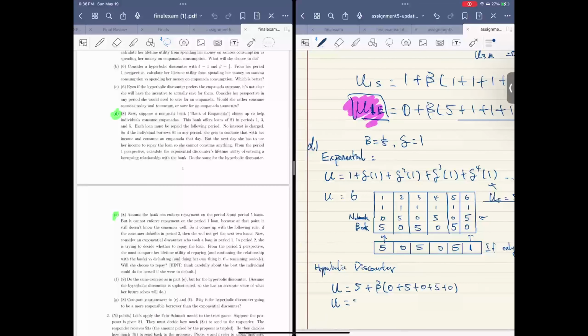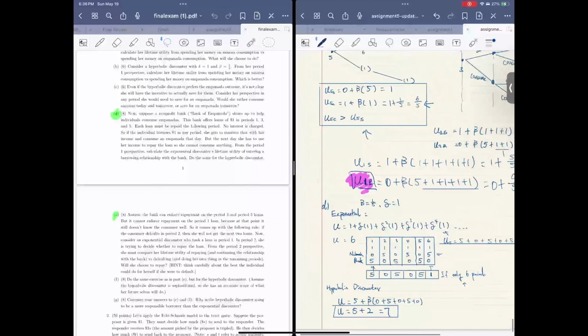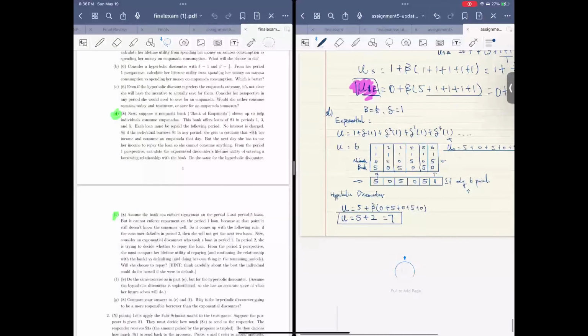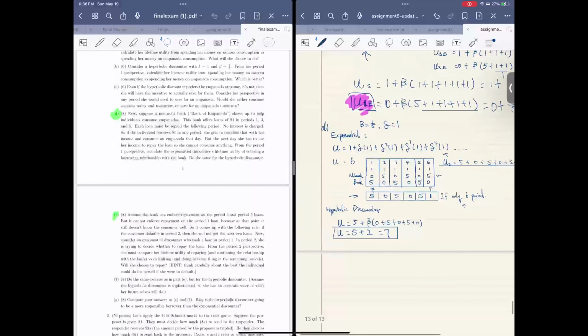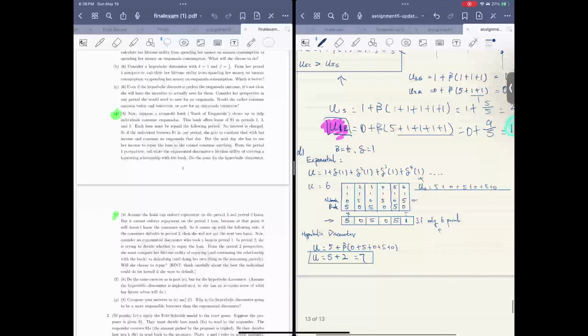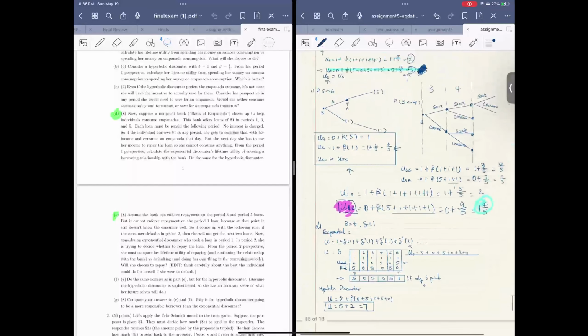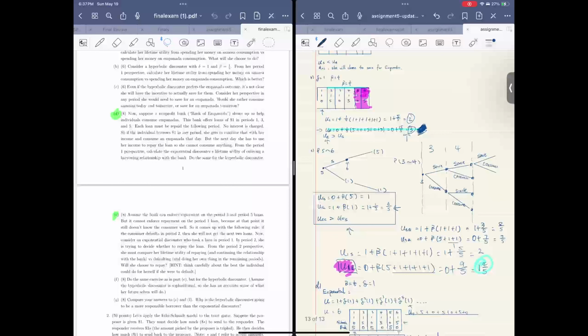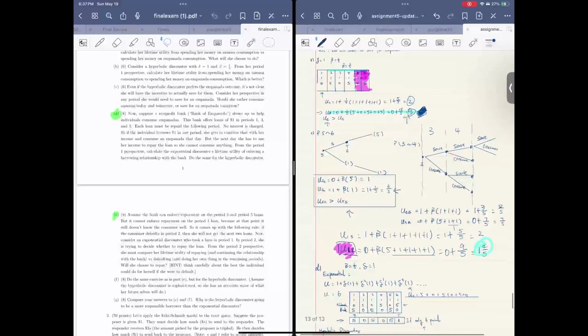So U equals 5 plus 2 equals 7. Okay, so let's ignore this default position right now. It's important for E, but for D, this is what you should have for hyperbolic. Because you can borrow one period early, that actually boosts your utility way more than the original hyperbolic.